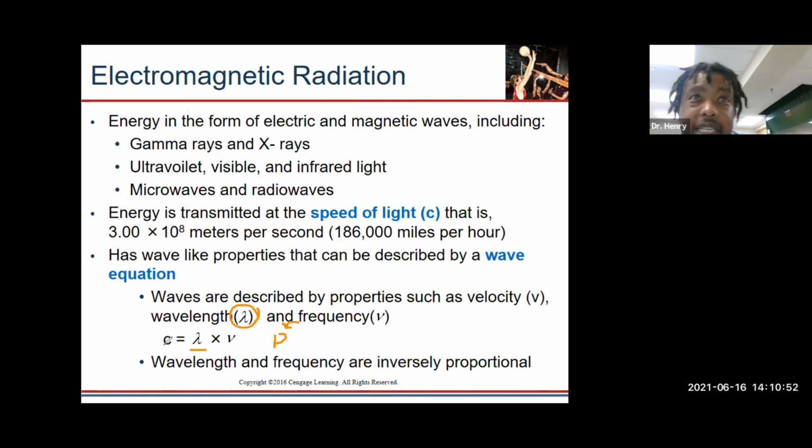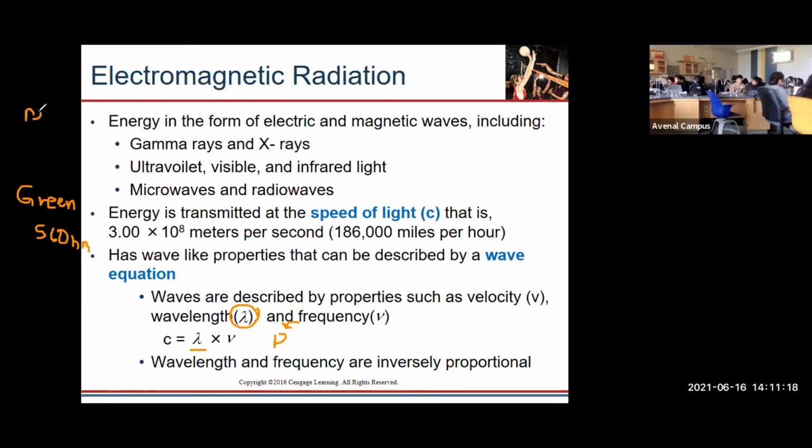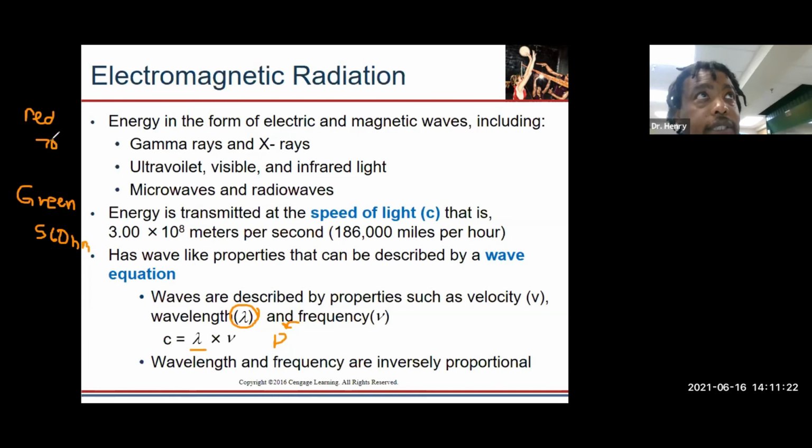So green light, which is in that white light, is about 560 nanometers. That would be the wavelength for green light. Red light is about 700 nanometers.